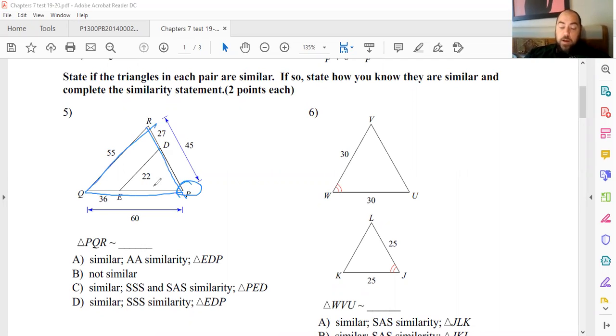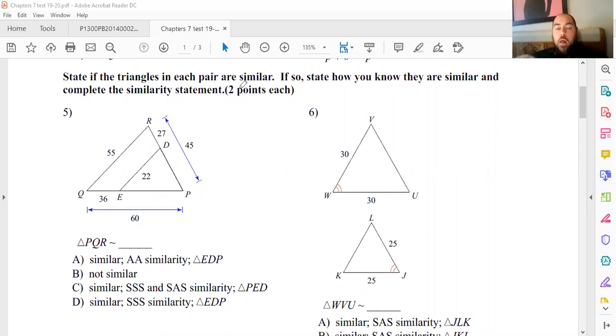So that's the one that goes from here to here to here. So we have those two, and we need to figure out whether they are similar.